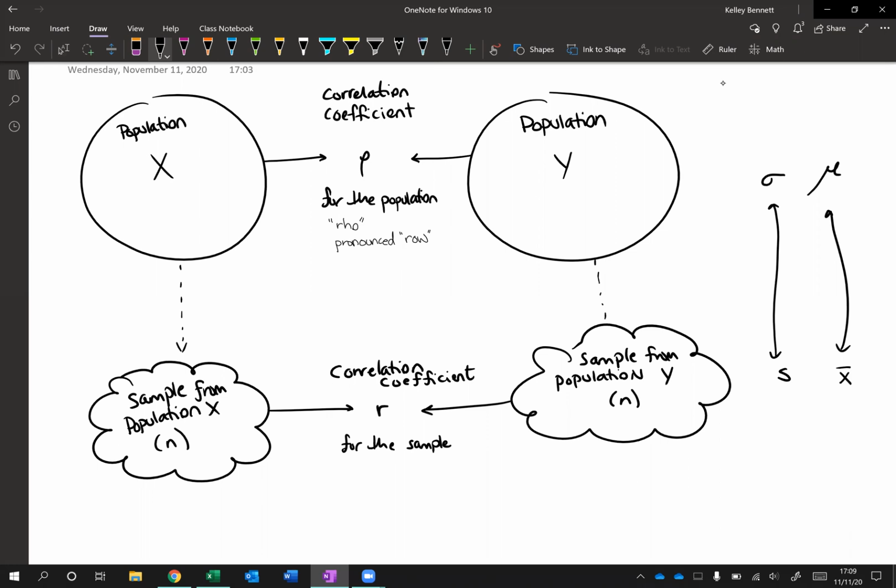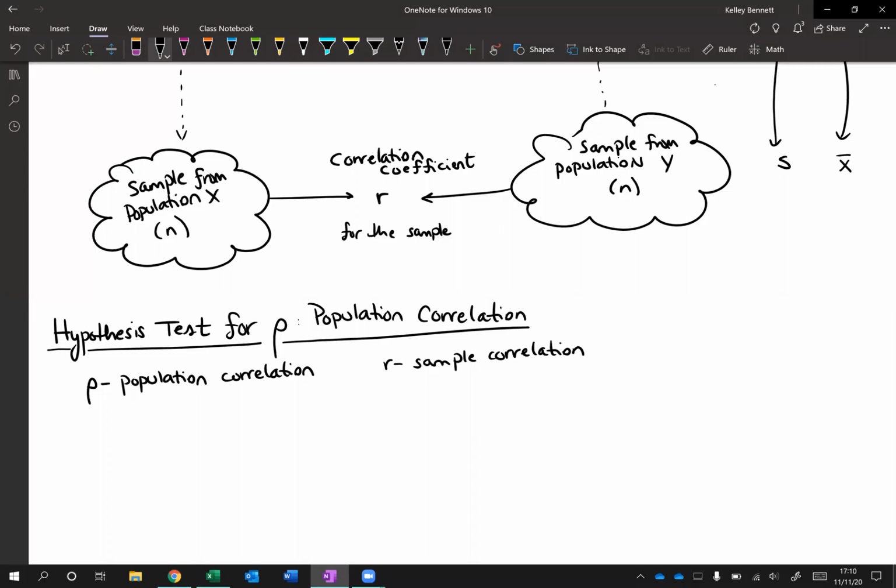That's going to be our null hypothesis. H naught is always that rho, and I know it looks a lot like p, so don't worry, that's not lost on me, but it's got a slight slant to it, and it doesn't have a little stick coming out right here. So it's going to be that rho equals 0.